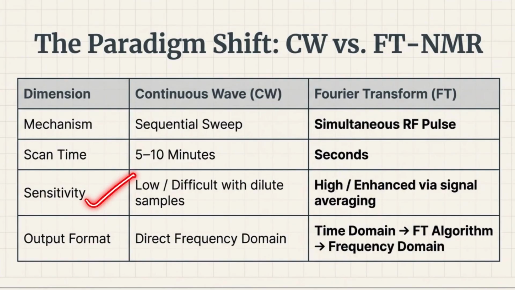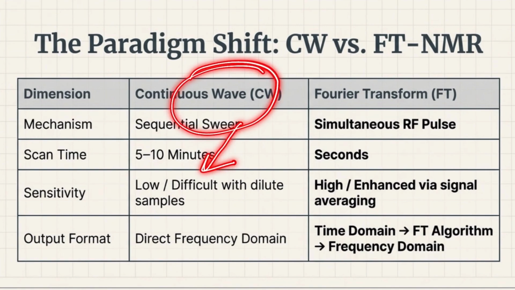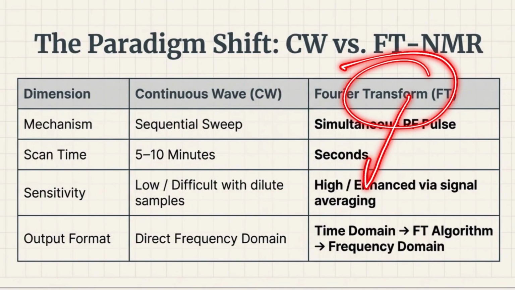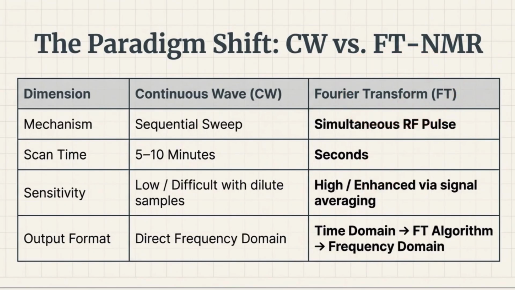Next is the sensitivity. The continuous wave instrument is not so sensitive, and it is very difficult to get a good spectrum with very dilute samples. On the other hand, the intensity of the Fourier transform instrument is very high, and further by doing computational enhancements, we do signal averaging and further enhance the signal intensity.